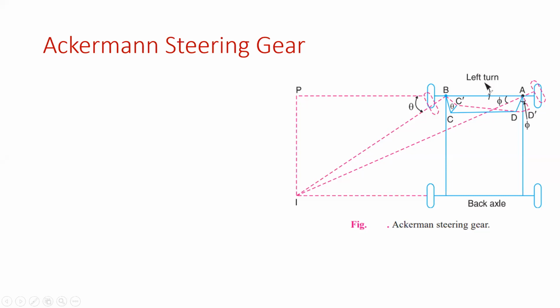So point A and B cannot move, they are fixed points. That's why this link AB is fixed link, right? Then in front of that link CD is there. So when vehicle is moving straight, then link AB and link CD remain parallel.